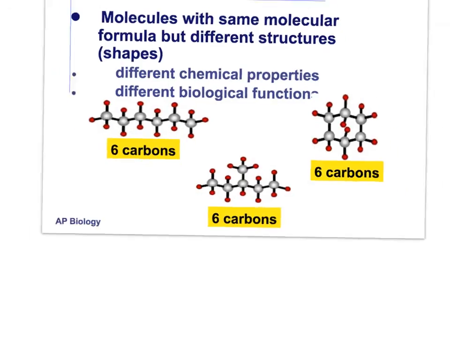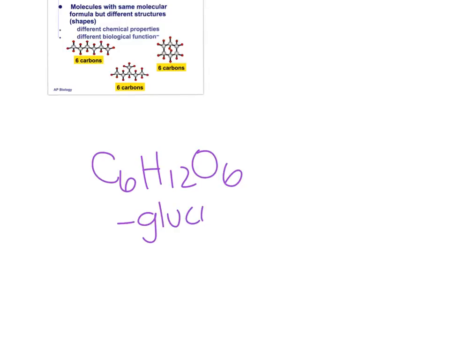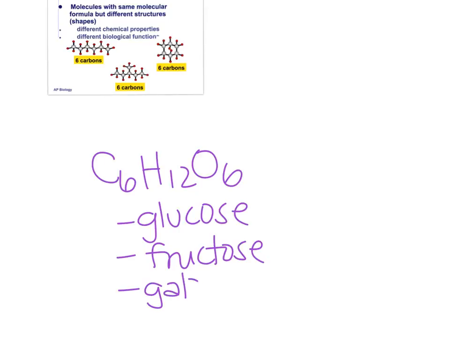What is the chemical formula for a monosaccharide? C6H12O6 every single time. That's going to be glucose, fructose, galactose. So they all are the same formula but different structure?